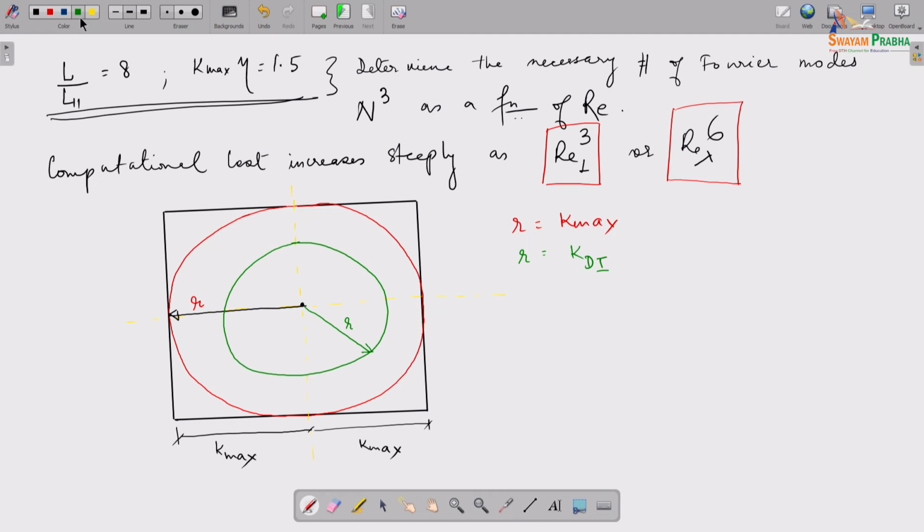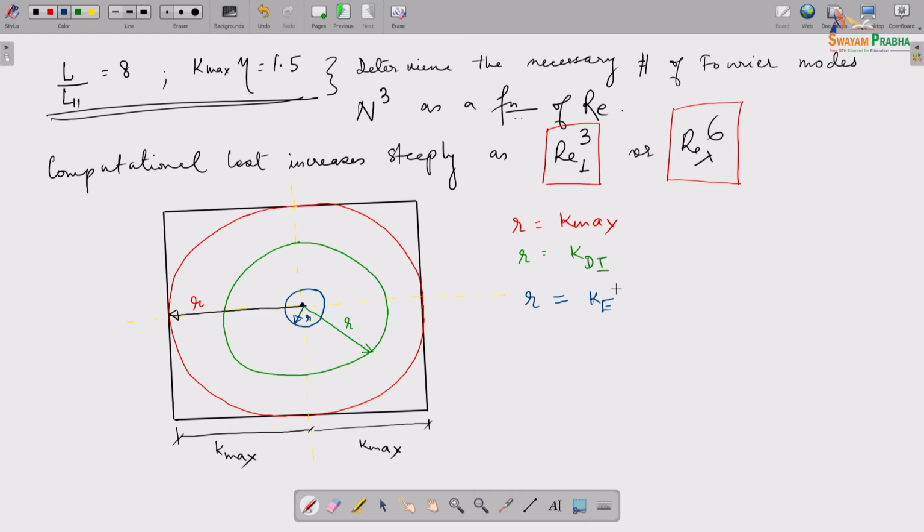And finally I am going to do this, and this R is equal to something else.